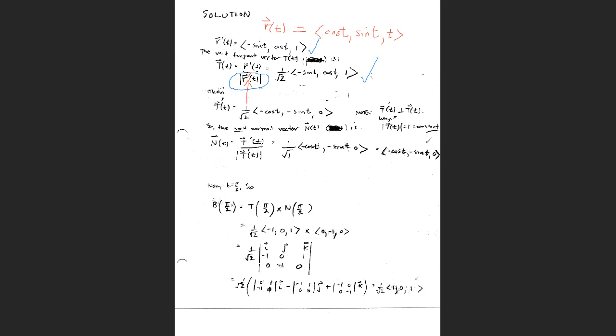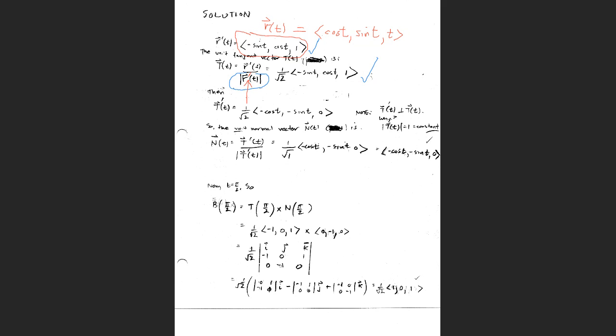The length of that is going to be the square root of 2, because negative sine squared plus cosine squared plus 1 is equal to 1 plus 1, because sine squared plus cosine squared equals 1. You get the square root of 2.